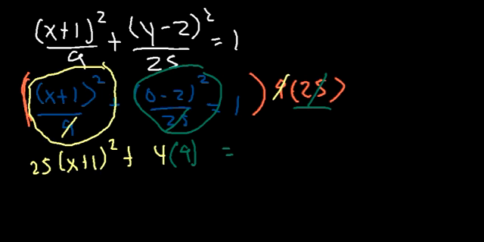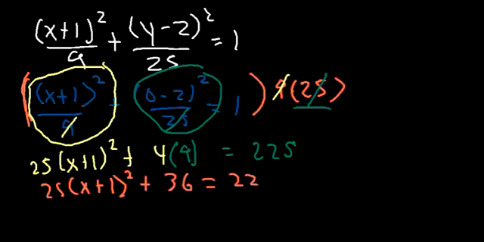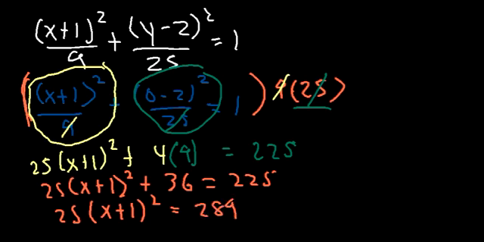That's 225. So 4 times 9 is 36, and 225 minus 36 is 189... 289, I believe.